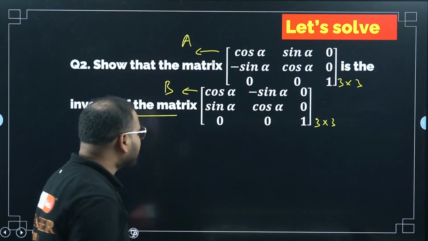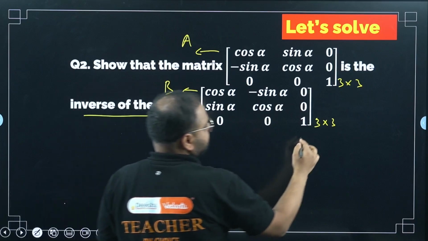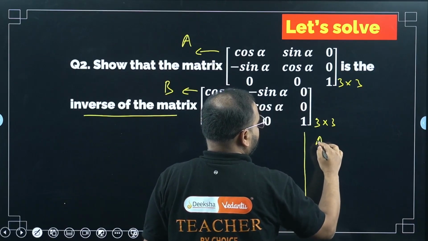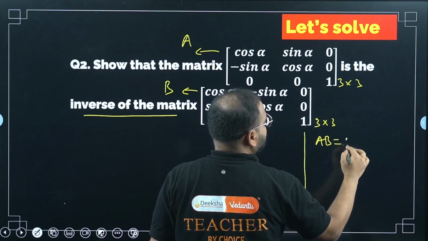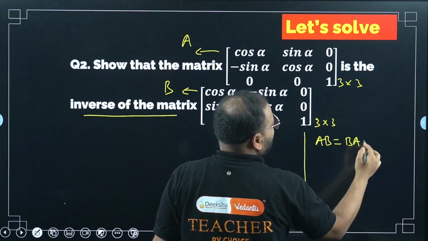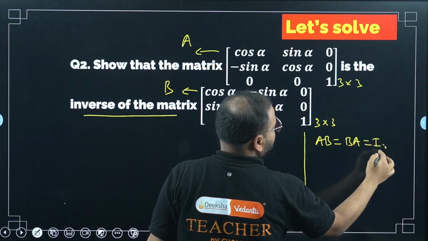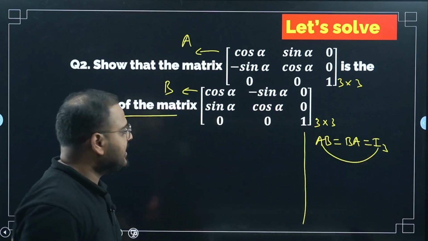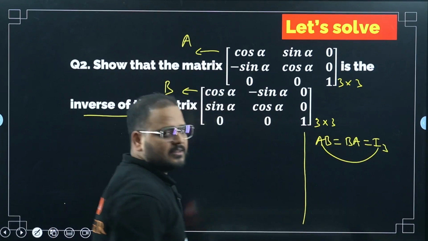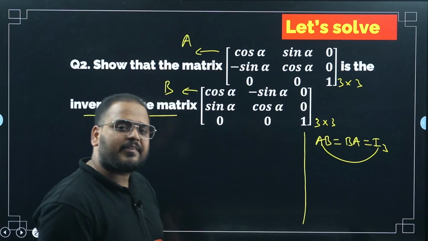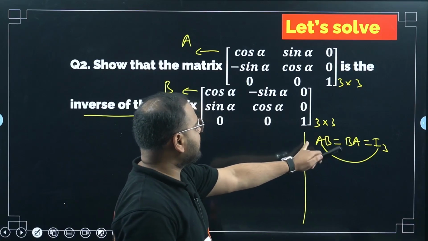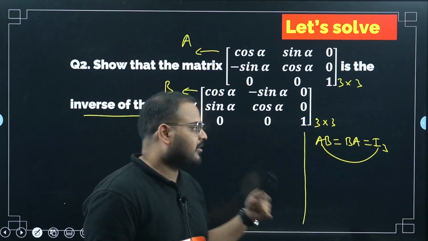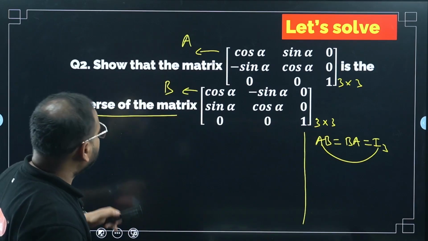If I can prove somehow that AB equals BA, or simply I3. If I can prove AB equals I3, then I can say that it is an invertible matrix. Means if I can prove A times B is the unit matrix, then my problem is solved. Okay, let's try doing it.